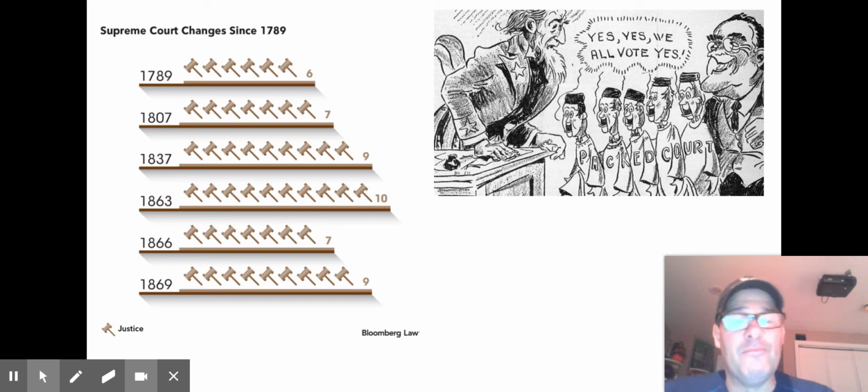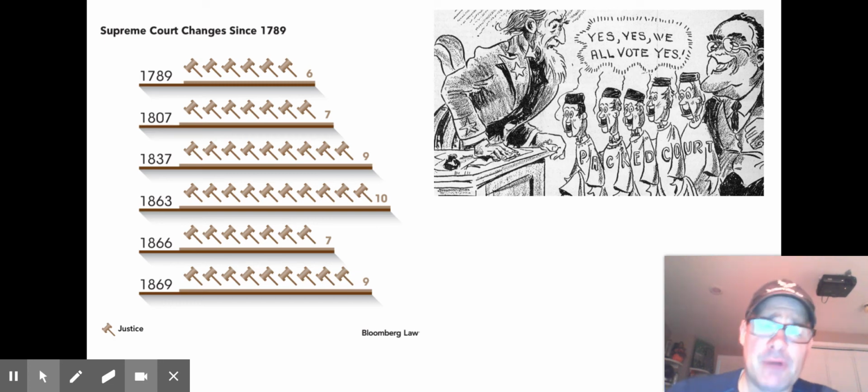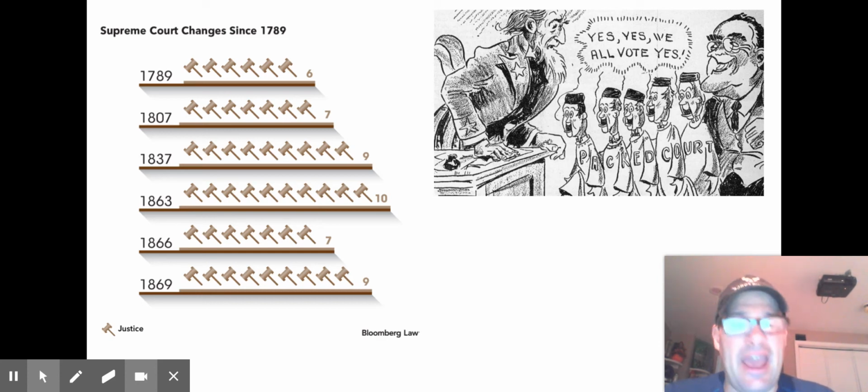So they reduced it to 7, so that way he couldn't appoint new justices for some judges that were about ready to leave. And then they increased it back to 9 when Ulysses S. Grant became president. And he was a Republican, and he was very pro civil rights for our newly freed African Americans, and so they increased it back to 9. And it's been 9 ever since.